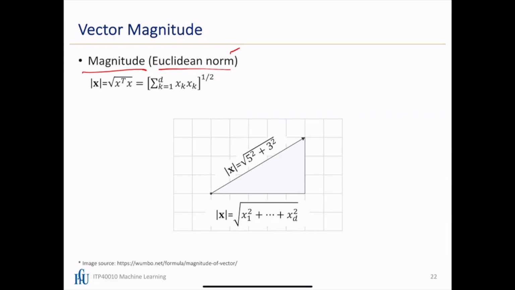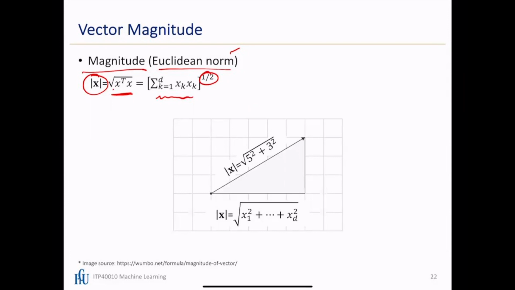The magnitude is notated using these two bars, surrounding a vector with bars. That is basically the inner product of the vector with itself, then taking the square root. It can be represented in this way again: you take the square sum of every element, and at the end of the day, you take the square root.